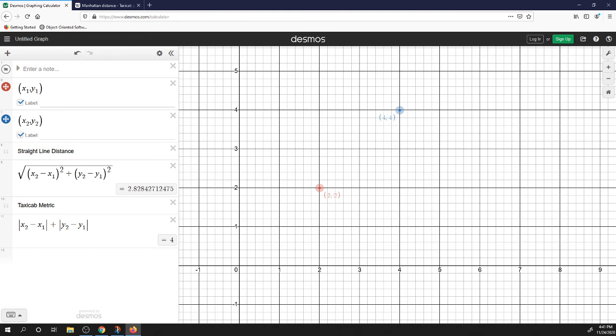The straight line distance directly from the red point to the blue point is 2.82. And this is the formula for the taxicab metric right here. It's the absolute value of x2 minus x1 plus the absolute value of y2 minus y1. That would be indicating that if I start at the red point, I went 1 unit, 2 units, 3 units, 4 units, like that.